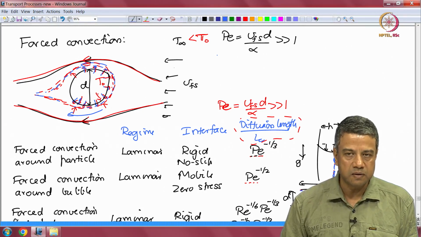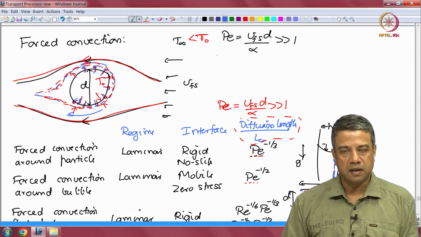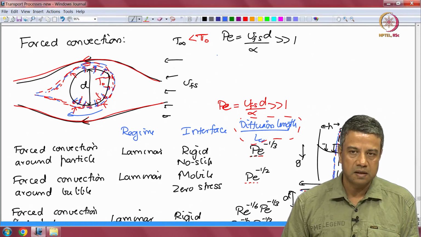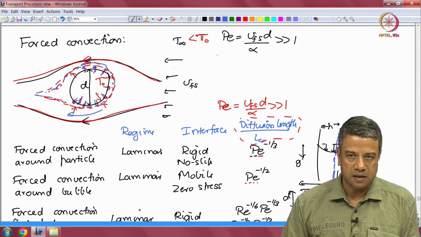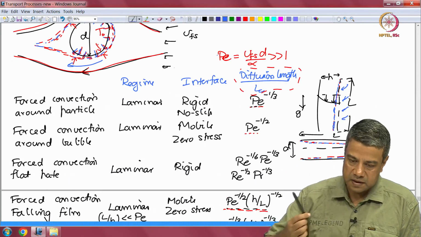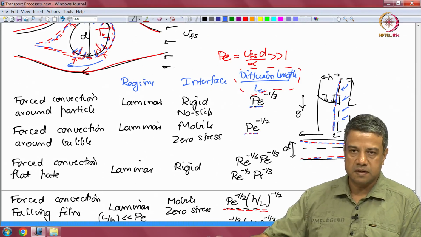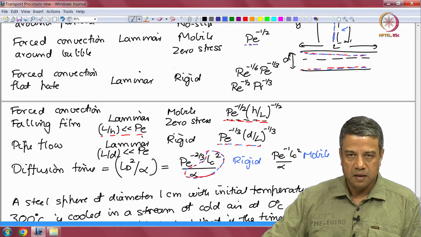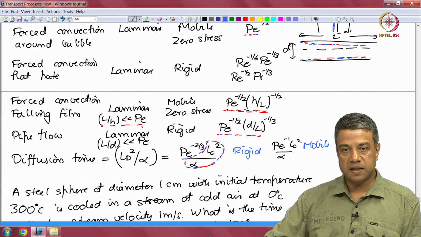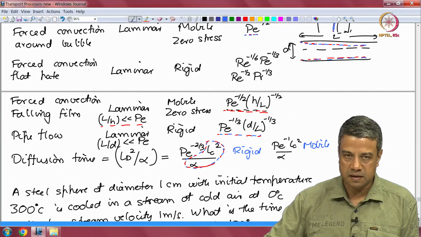Therefore, the disturbance due to the conduction, the diffusion from the surface, is restricted to a thin region close to the surface, and therefore the length scale is much smaller than the characteristic dimension by a factor p power minus 1/3 for rigid surfaces, p power minus half for mobile surfaces where you have a zero stress condition, p power minus half into h by l power minus half for films, minus 1/3 into d by l power minus 1/3 for pipes, where d is the diameter and l is the length.